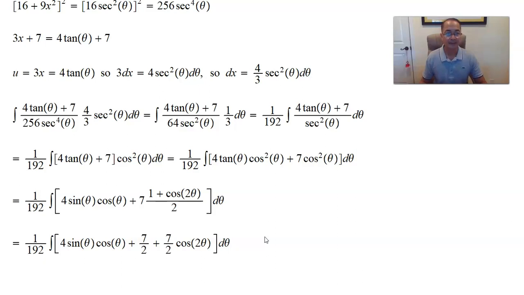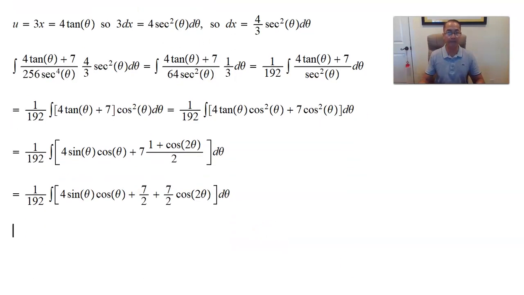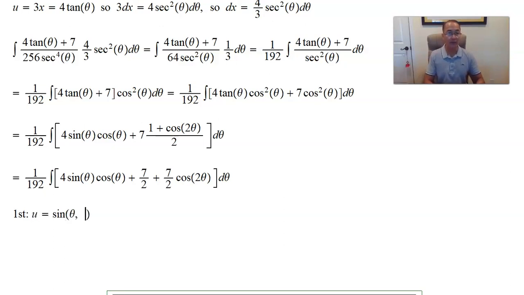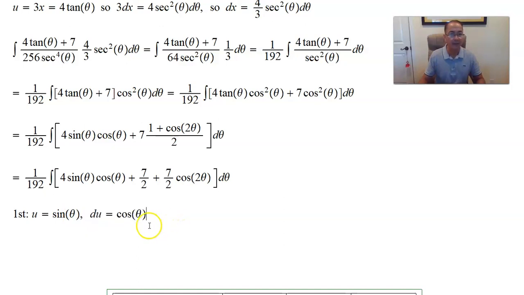All right. So we are ready to integrate. Break it up into 3 pieces. For the first piece, we will let u be sine theta, so du is cosine theta d theta. So that's easy.